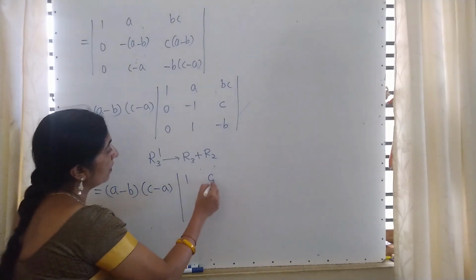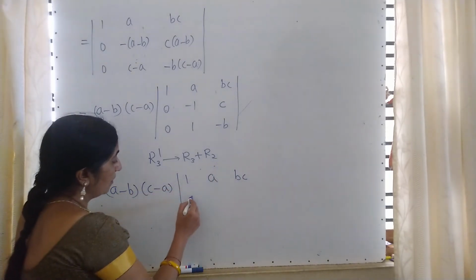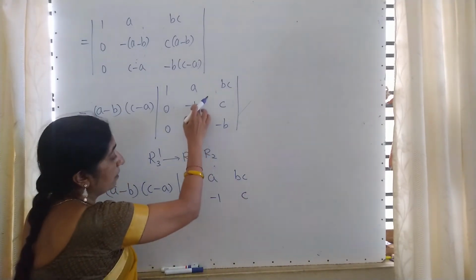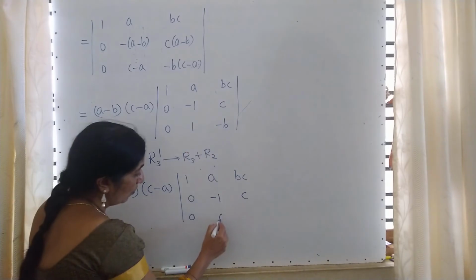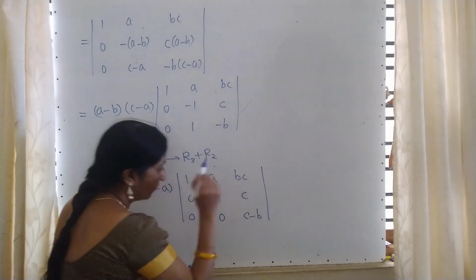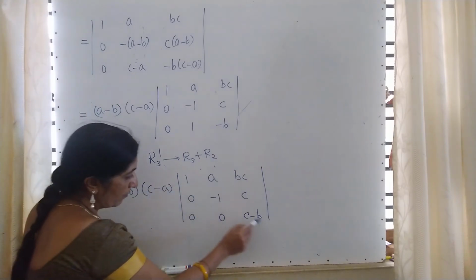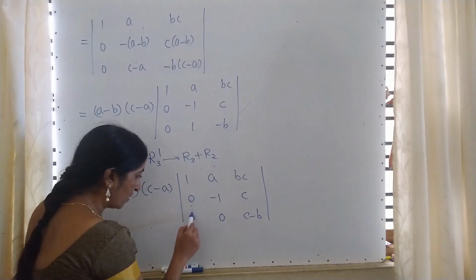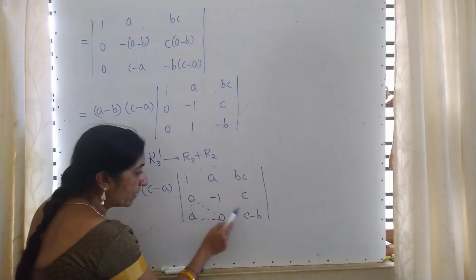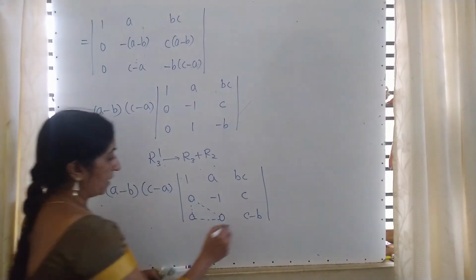It is 1 A B C, 0 minus 1 C, 0. 1 minus 1, we are adding, that means it is 0. This we are adding according to sign, C minus B. Now take a pencil. This is a principal diagonal. When you join this, they are in the triangular shape. So we are multiplying the elements present in the principal diagonal.